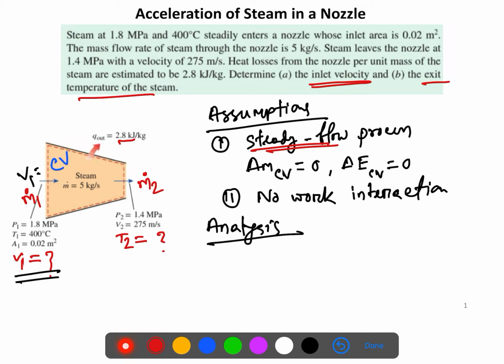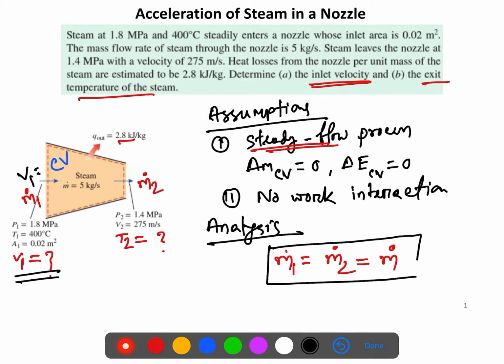So M1 and M2 are equal, because this is a steady flow process. To avoid complexity, we say M1 dot equals M2 dot equals M dot. This is the mass flow rate.